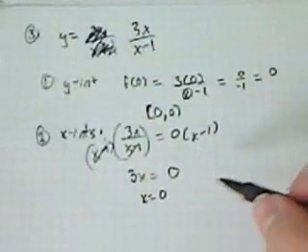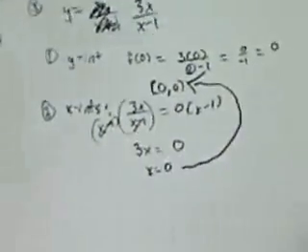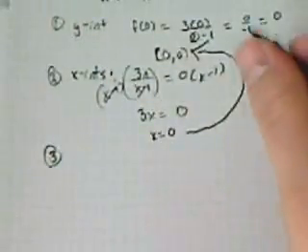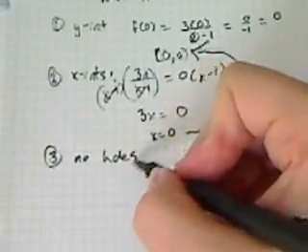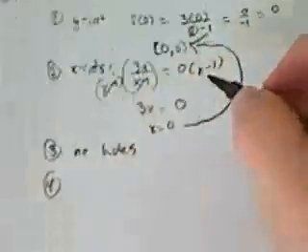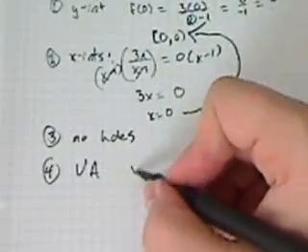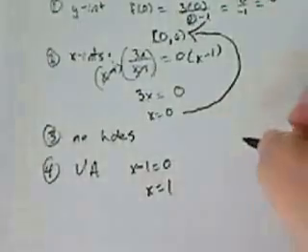So that's going to tell us again it has an x-intercept, and that x-intercept is the origin. So again, we are left with an equation that cannot factor, there are no holes. Our vertical asymptote, we set our denominator equal to 0, x minus 1 equals 0, or x equals positive 1.